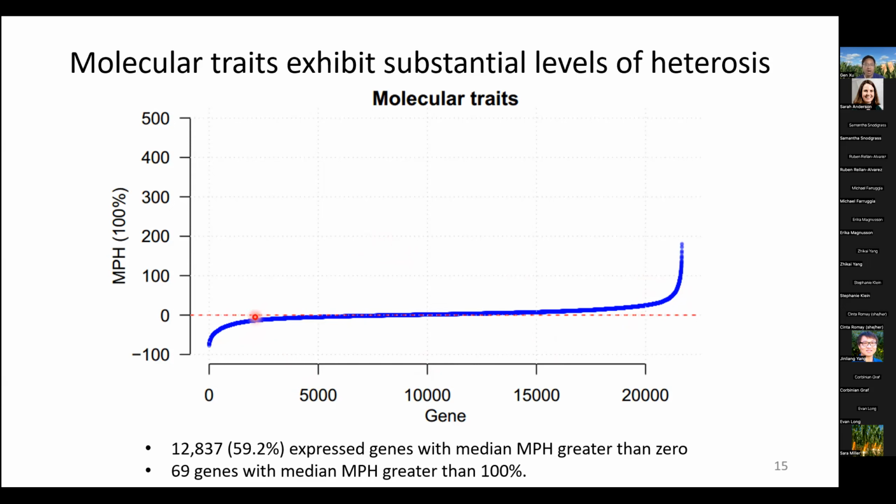We found about 60% of expressed genes have middle parent heterosis greater than 0, this part. And we also found about 17 genes with middle parent heterosis greater than 100%. So it tells us a large number of gene expressions have heterosis.